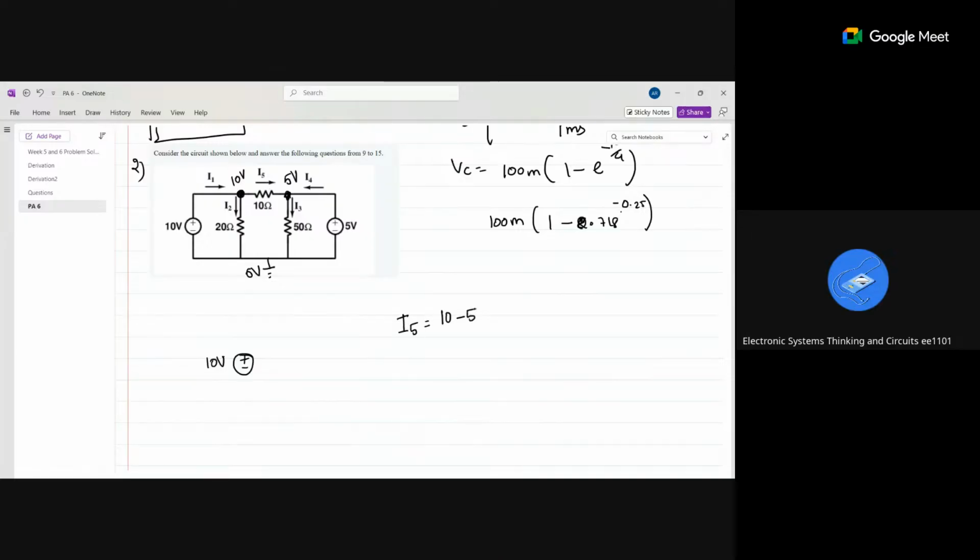It's 10 minus 5 by 10, right? Because I5 is flowing from VA to VB. So I5 is nothing but VA minus VB by R, potential difference by resistance. 0.5 ampere, right?